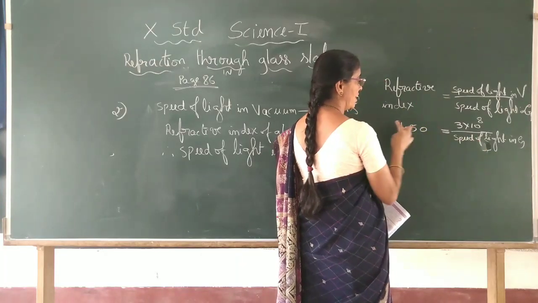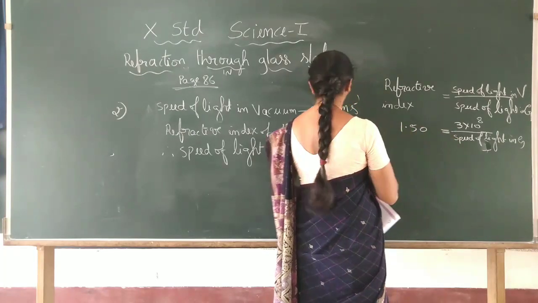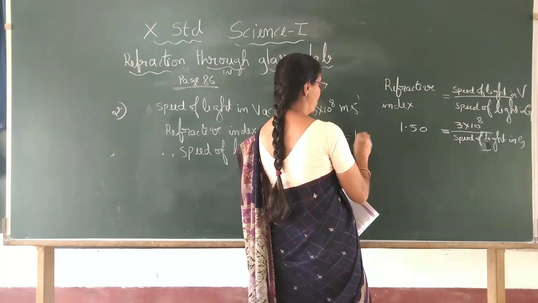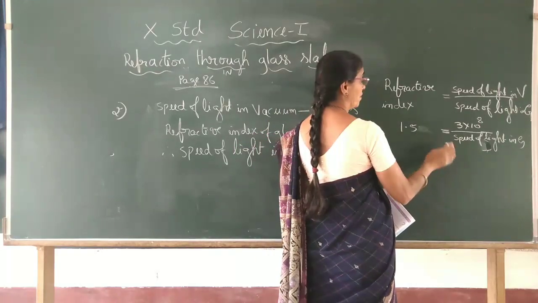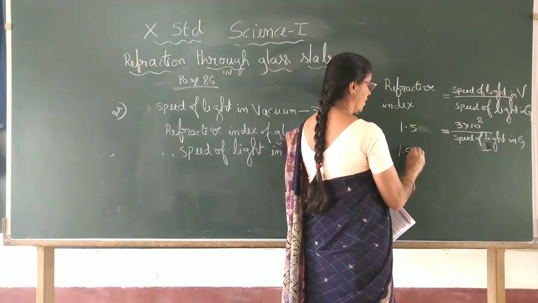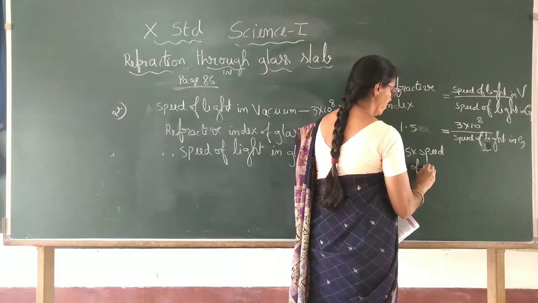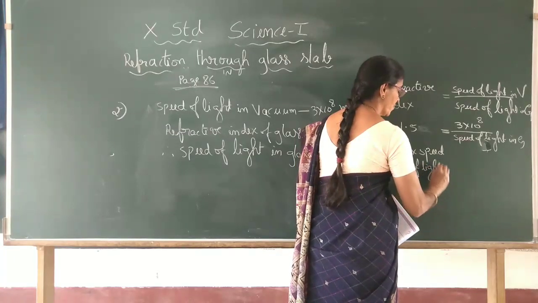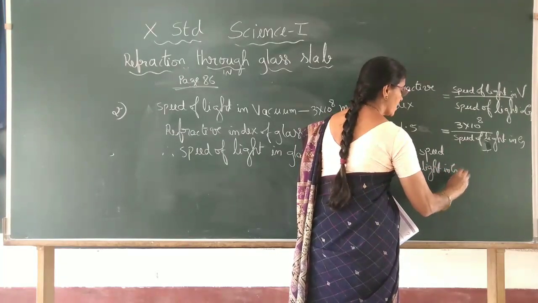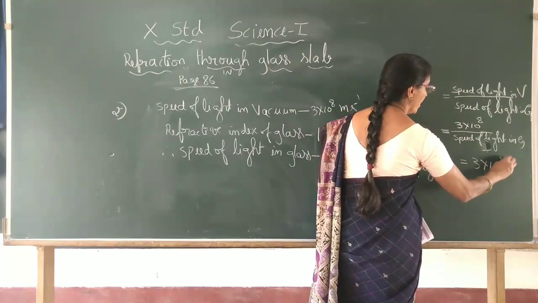If you bring this side here and move this side, 1.50 is the same as 1.5. So I'll write 1.5. Now if you bring this here, it is 1.5 into speed of light in glass is equal to 3 into 10 to the power of 8.